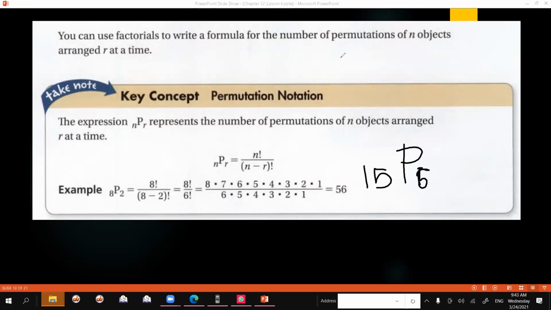I have to write it like this: P of R from N. R is the number of girls I want to choose from the whole number of girls in the class. I want to choose 6 girls from 15, so I will write it as a permutation of 6 from 15. It is a permutation notation, representing the number of permutations of N arranged R.